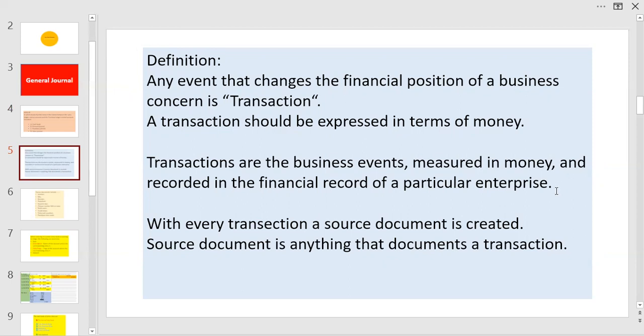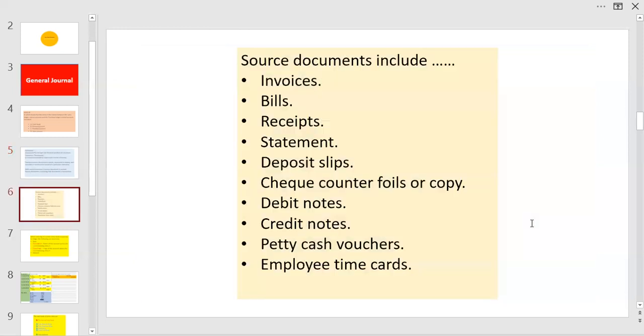Dear students, with every transaction or every event, a source document will come into being. For an example, even if we travel by bus, a ticket is issued, that ticket is a source document. Therefore, a source document is anything that documents or describes a transaction. Just for the understanding, a few source documents are shown here.